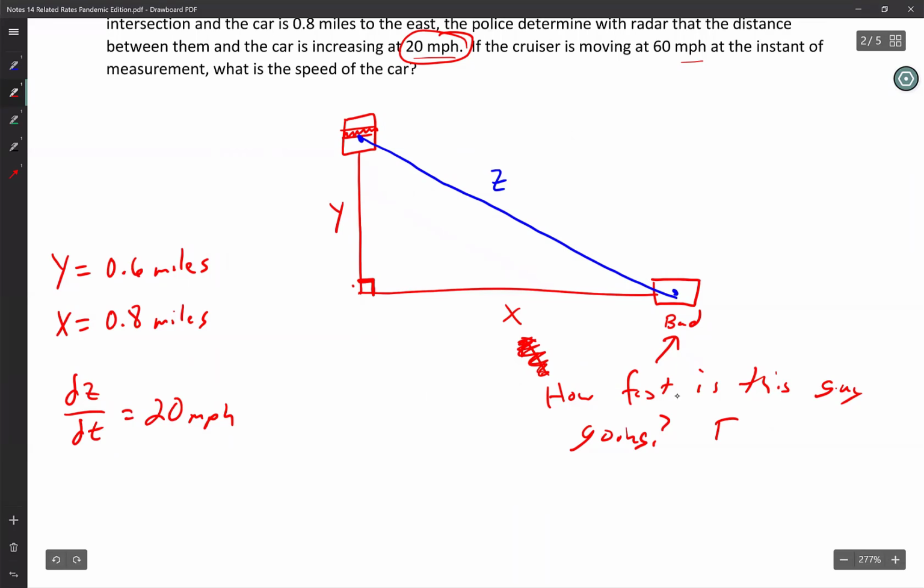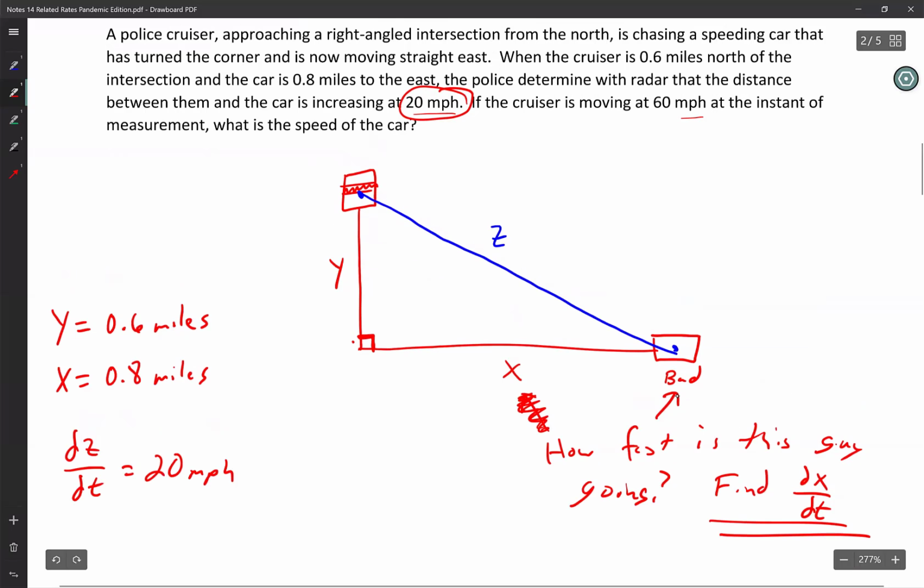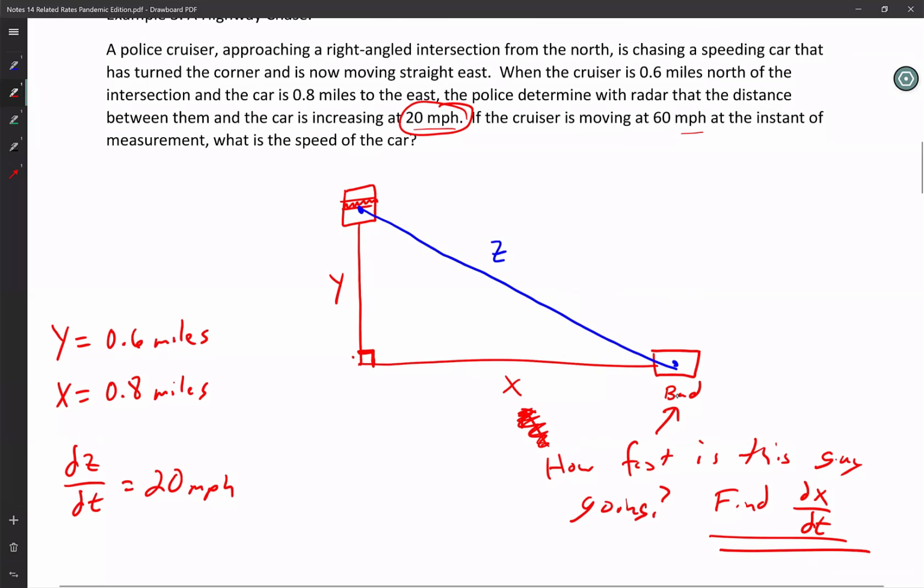Perfect. Find dx/dt. That's what you're going to find. I already know how fast the cop car is moving. They told me he was going 60 miles per hour. So that is dy/dt.